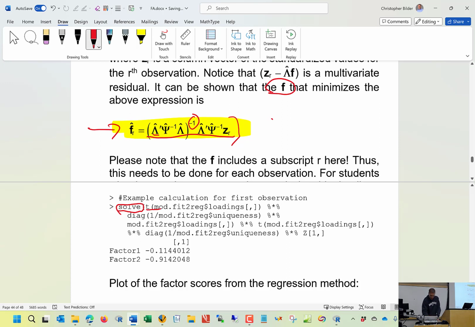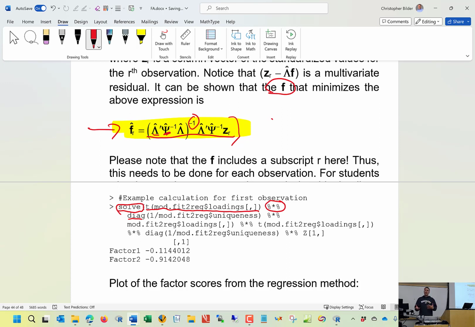So notice I take the transpose of that loading matrix. I multiply it by the inverse of psi hat, which equivalently would be to take all those specific factor estimated variances. Remember, they're stored in the uniqueness component of our returned object.